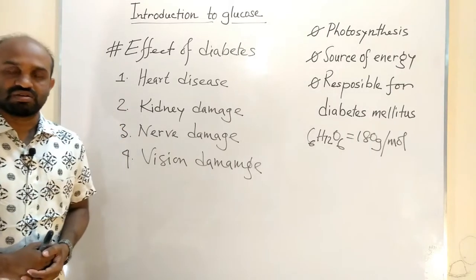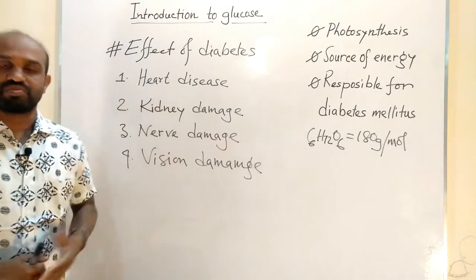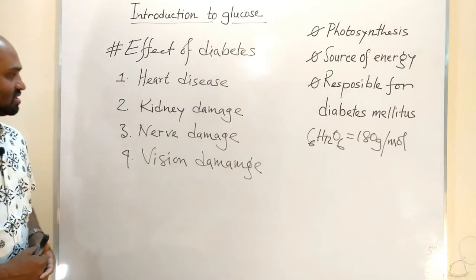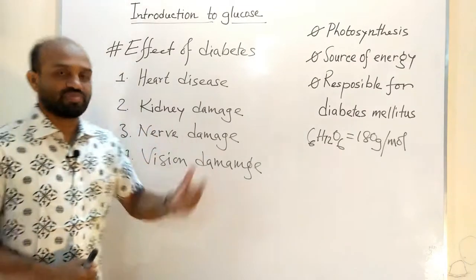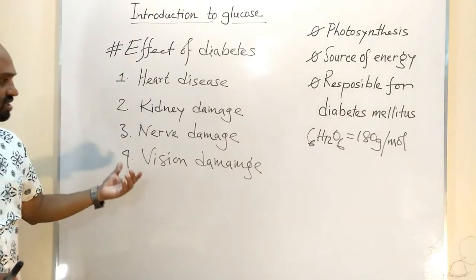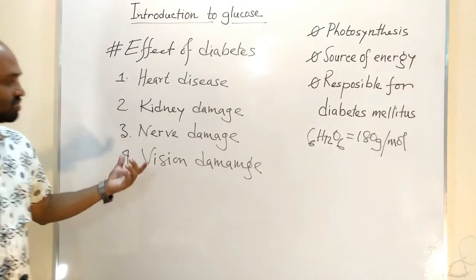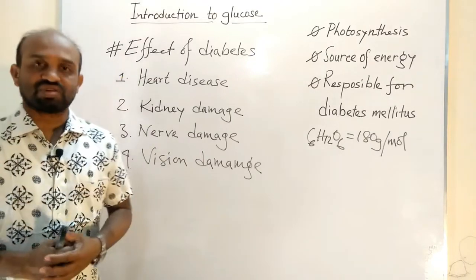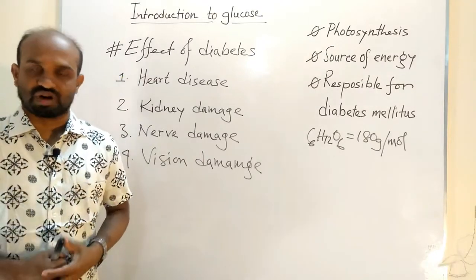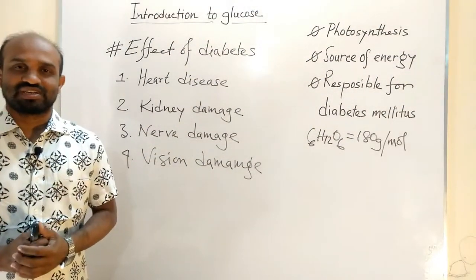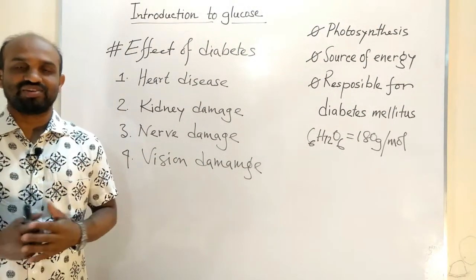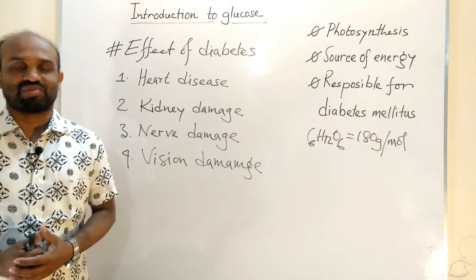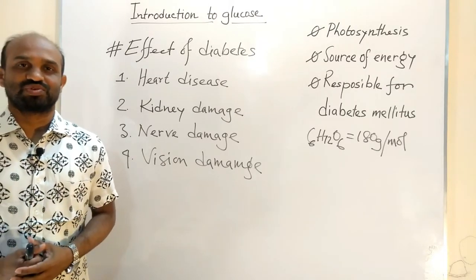For diabetes, heart may be damaged, kidney may be damaged, nerve may be damaged, and at the same time vision may be damaged. So the effect of diabetes is very much harmful. Glucose is at the same time for life and for death. This is all about introduction to glucose.